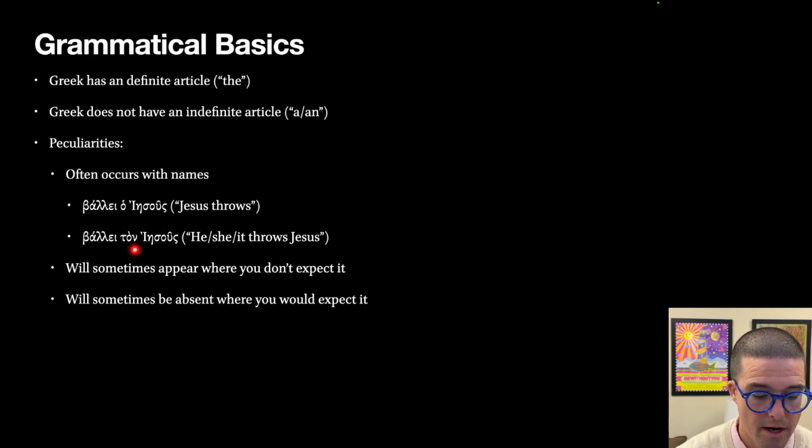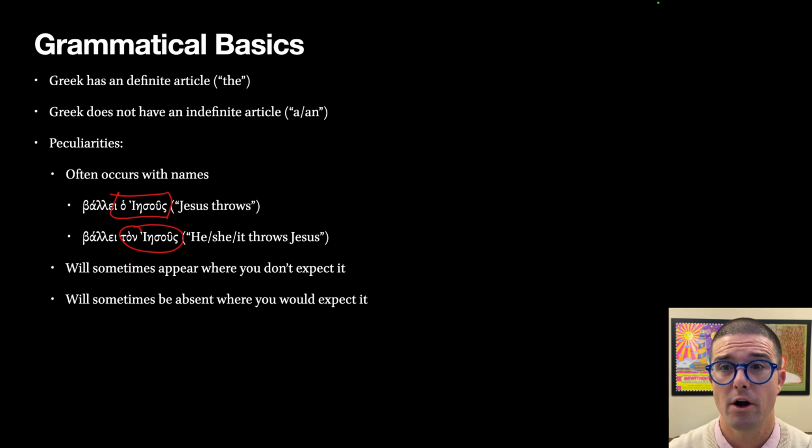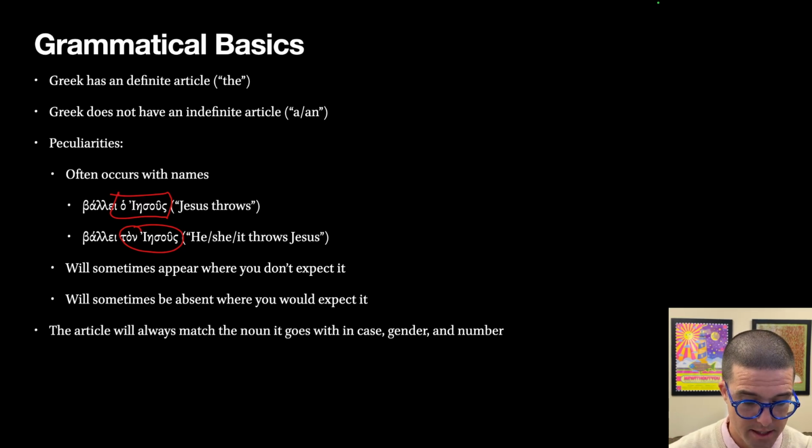And then down here, we know that Jesus is the object. So if we are marking it with a rectangle up here and a circle down here, we know Jesus is the object because ton is the accusative singular definite article. So the definite article will appear with names, and particularly indeclinable names, and we will not translate "the Jesus" because we are not in the Big Lebowski. We will just translate as Jesus here.